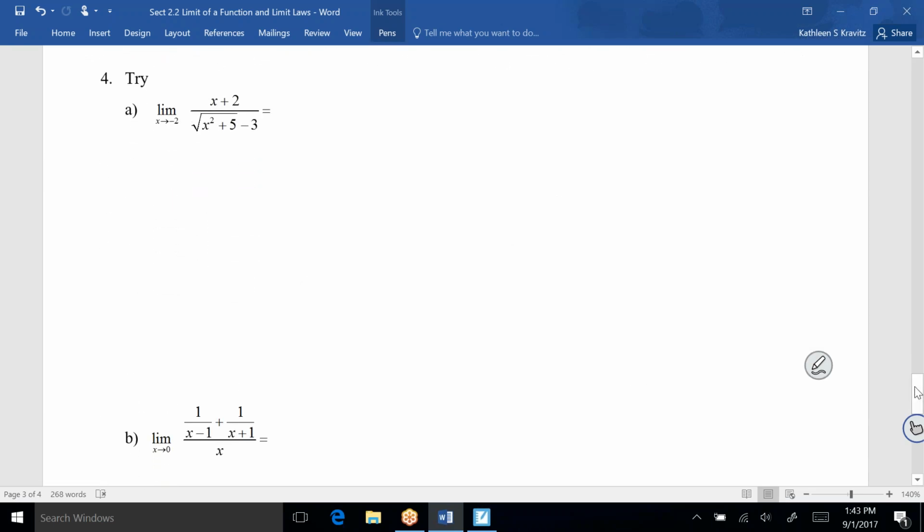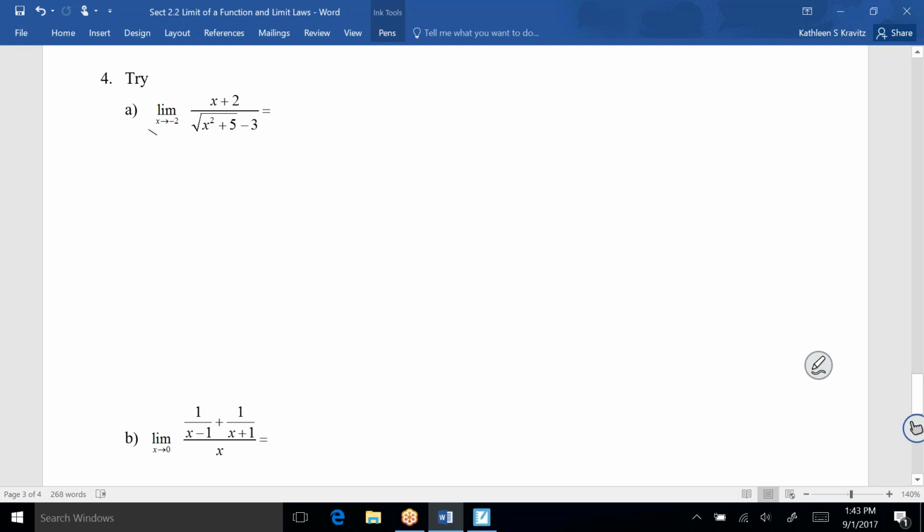All right, then I have two problems here, problem A and B, and I want you to try these two problems. For the first one, you're going to try and get rid of that radical in the denominator by multiplying by the conjugate radical expression, which would be the square root of x squared plus 5 plus 3.